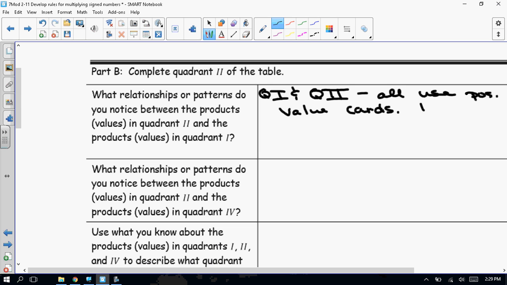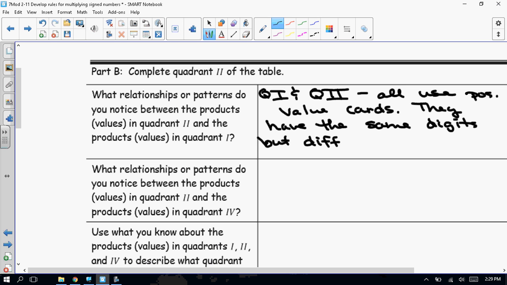They have the same digits, but different signs, right? Some are positive, some are negative.